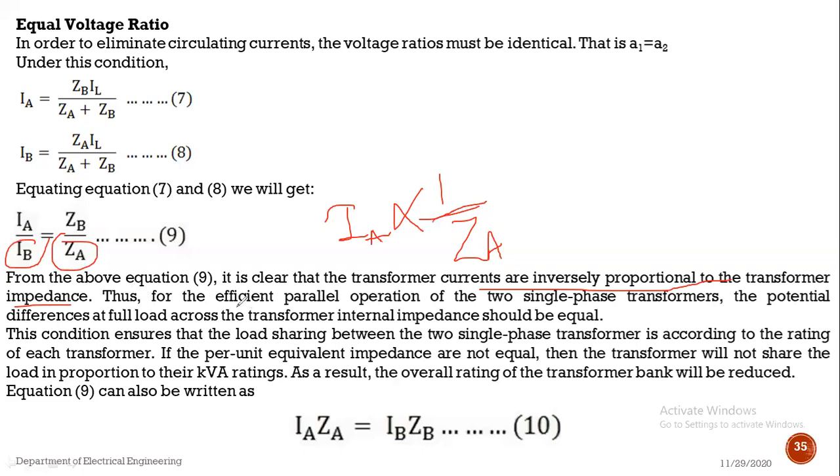Thus, for the efficient parallel operation of two single phase transformers, the potential difference at full load across the transformer internal impedance should be equal.